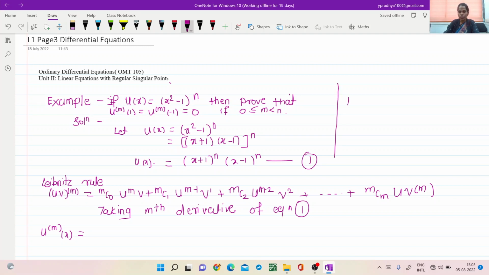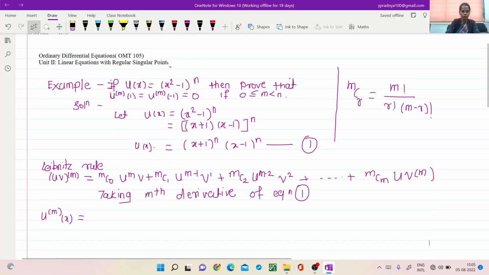By using the formula, we know that mCr is equal to m factorial upon r factorial into (m minus r) factorial. Using this formula, we can easily find all the coefficients of the Leibniz rule.